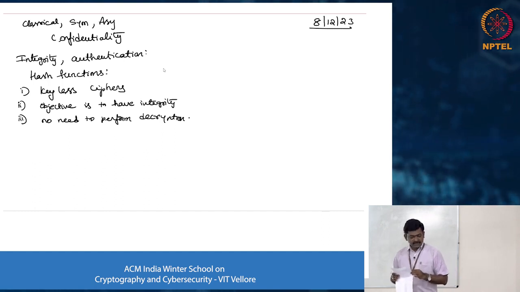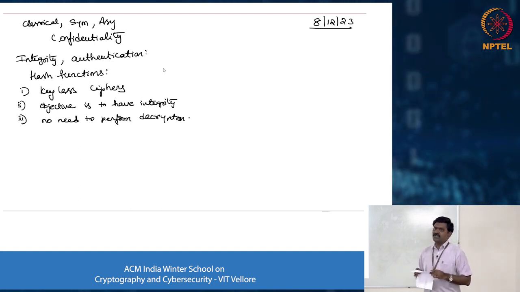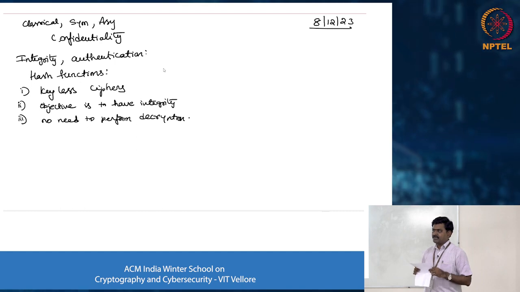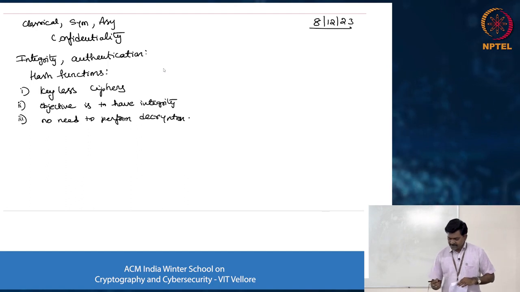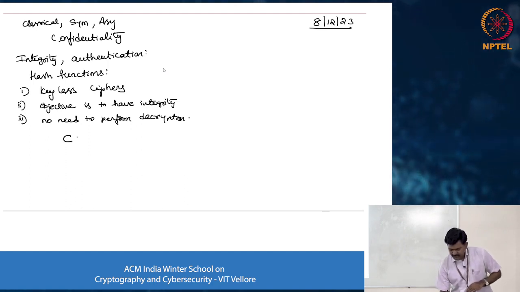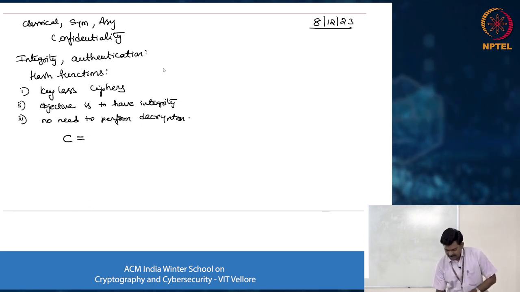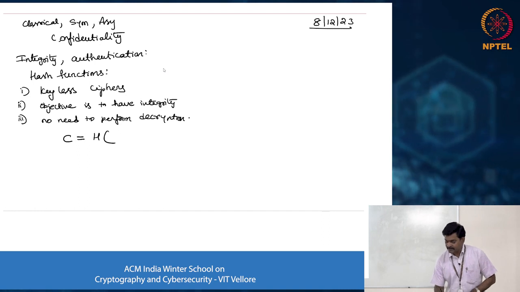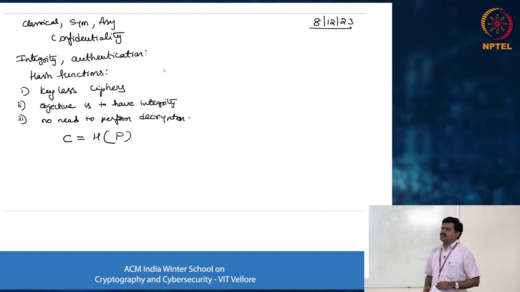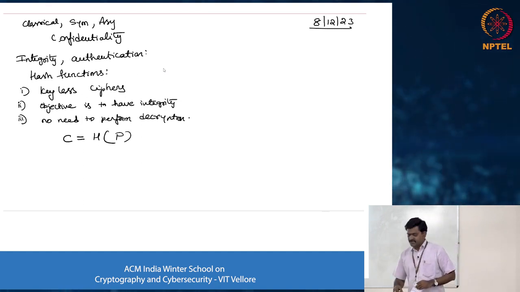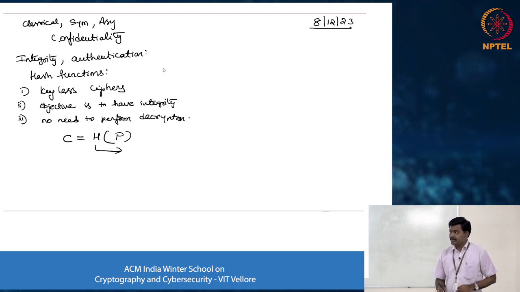Now, what is the hash function doing? Hash function is also creating a ciphertext. That means, when I say ciphertext, C is equal to H of the plain text, where H is my hash function.